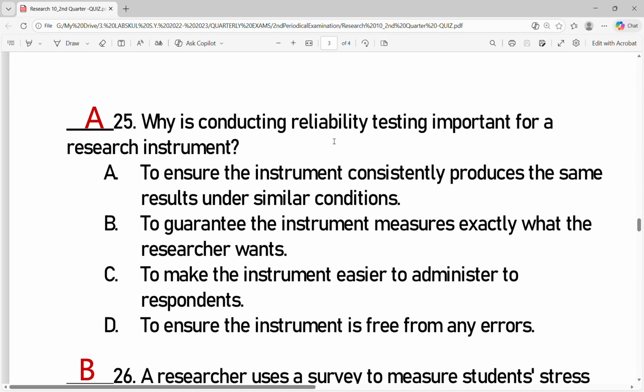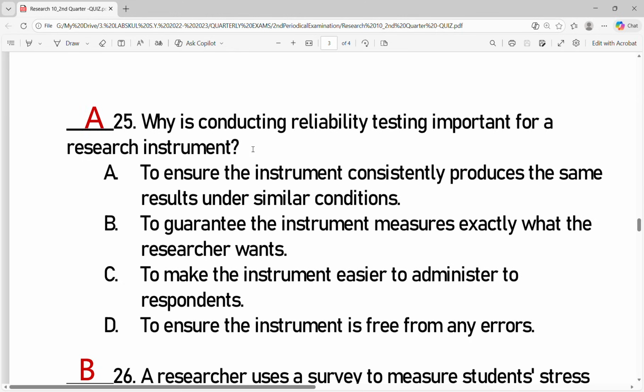Now we move forward to number 25. Why is conducting reliability testing important for a research instrument? Now, after we have validated our instrument by the three experts, the next thing to do is to pilot test. Meaning, we gather data from students with similar characteristics to your participants.